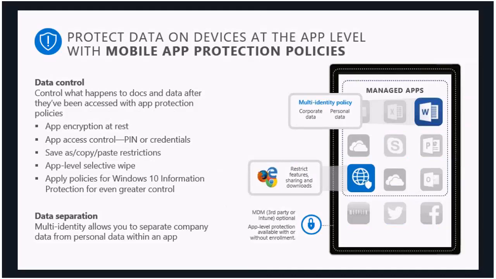Mobile application management policies allow you to ensure that even if the devices are not directly managed by you, you're able to protect the information within the constraints of the different applications that the information is being accessed on. So for example, you can say on an iPhone that's not managed by my organization directly, I still want users to be able to look at my Word documents or Excel files or PowerPoint files stored in Office 365 and emails via Outlook.